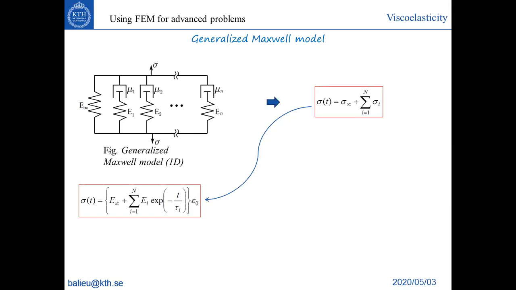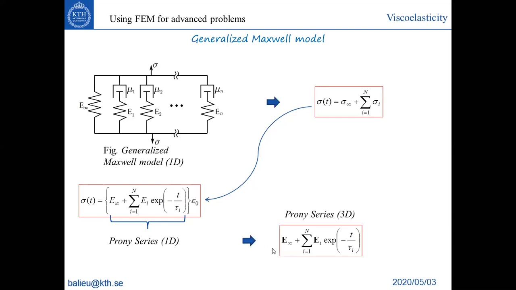And this was the relation between the stress and the strain. It was like a uniaxial test, a uniaxial loading, where the stress and the strains are characterized with a rheological element. We have seen that this was a Prony series in 1D, and it can also be written as a Prony series in 3D, where E infinity and E_i are not scalars, but tensors.